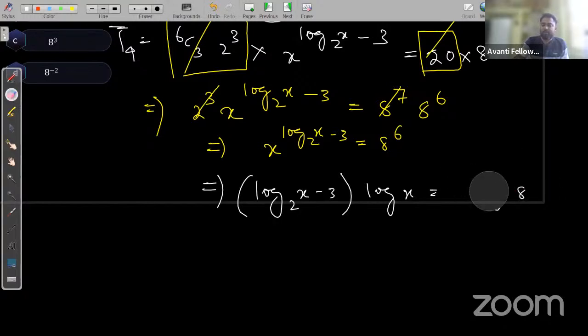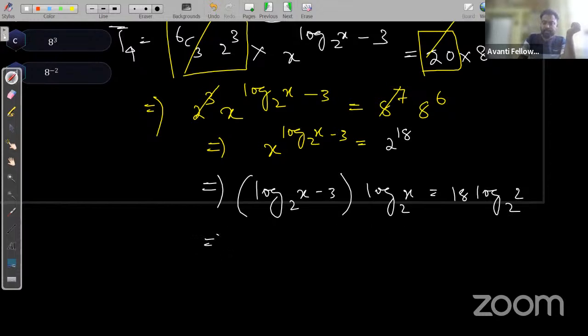We can write 8 to the power 6 as 2 to the power 3 whole to the power 6, right? Because the base is 2, we make it 2 to the power 18, right? So if we take 2 to the power 18, this will be 18 into log of 2 to the base 2, right? We are taking the base as 2 on both sides.